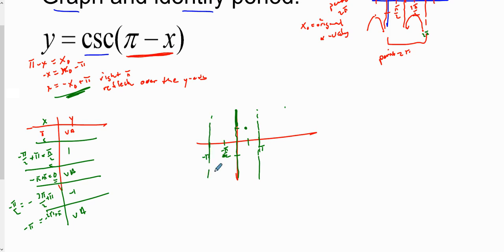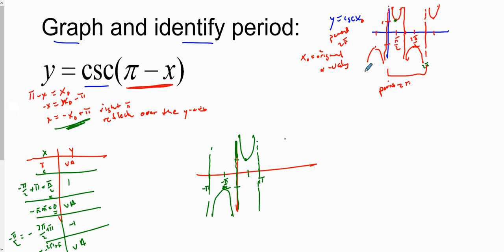And so what we have is, yes, it was reflected over the y-axis, and that makes a lot of sense. Okay, and you can see that this is all just kind of flipped. Maybe say, well, it's been flipped, but it doesn't really seem like it changed anything.